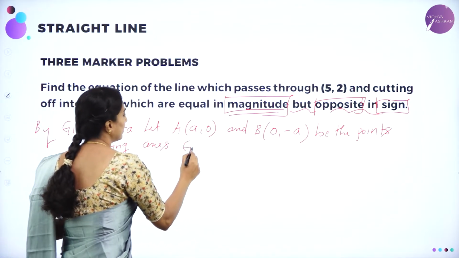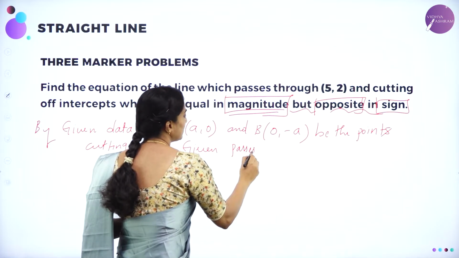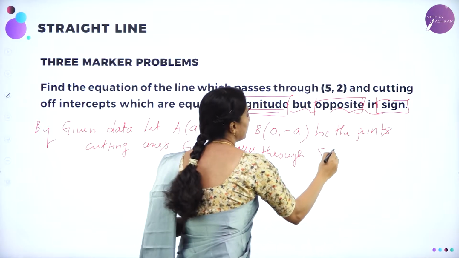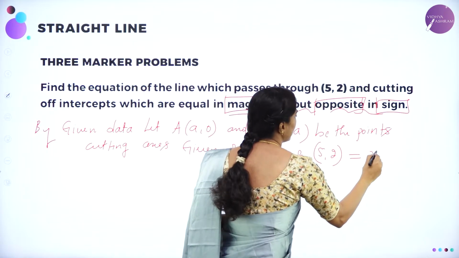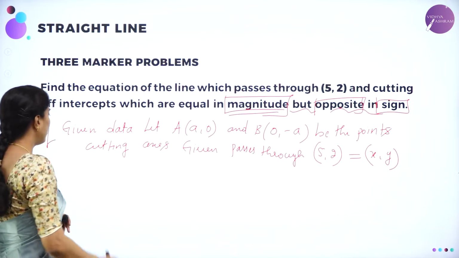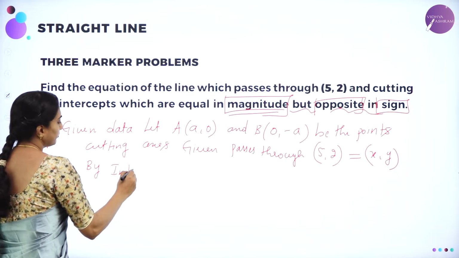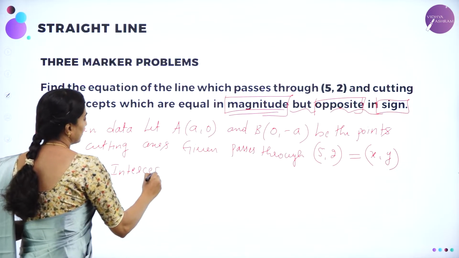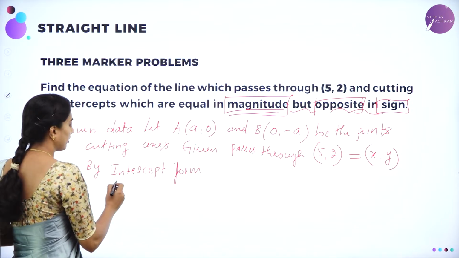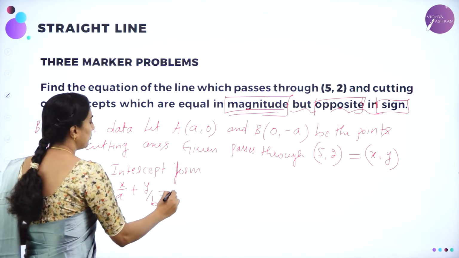So given it passes through 5 comma 2, which you can consider as x comma y. So therefore, by intercept form, what is the intercept form given by? x by A plus y by B is equal to 1.